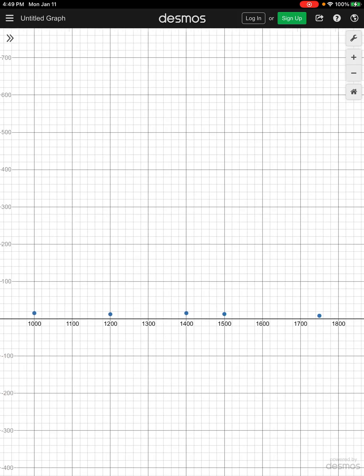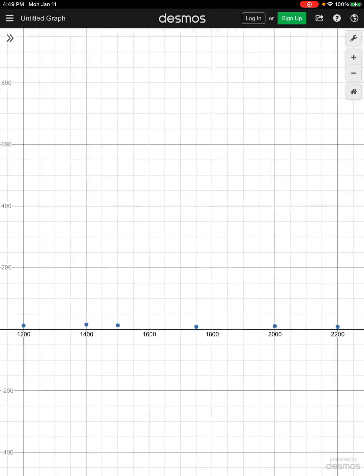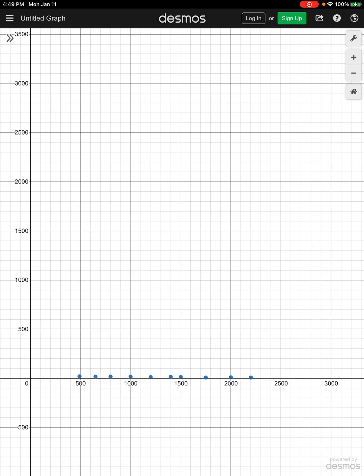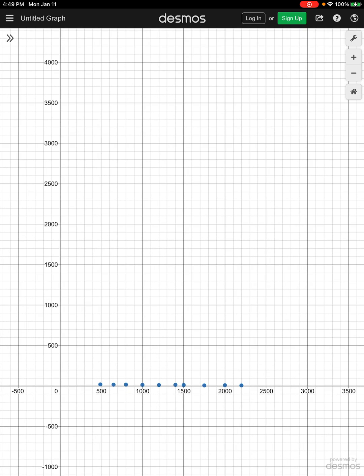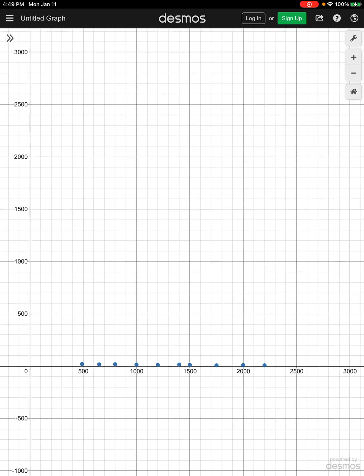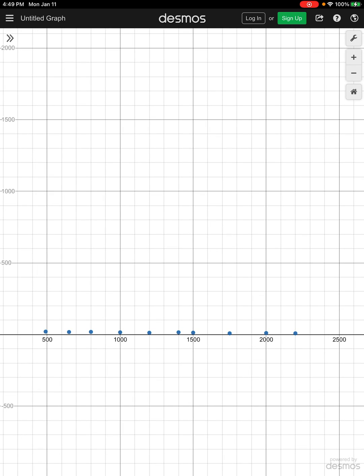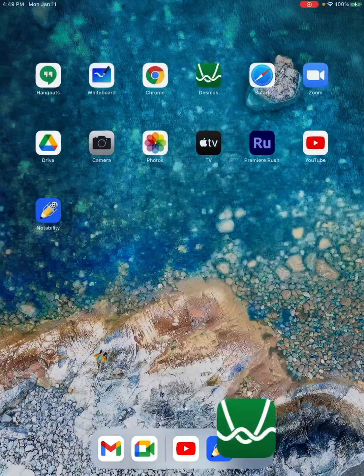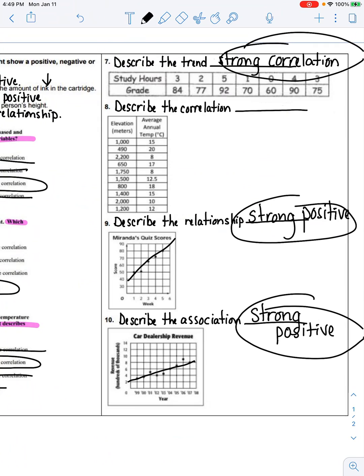It looks like it goes down some. But if I were just looking at that on here, I would say there is no correlation. So let's write for number 8, no correlation.